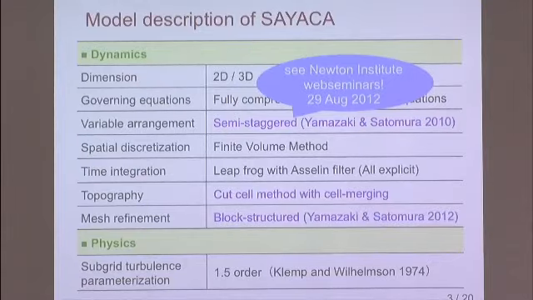In addition to this variable arrangement, my model has two particular characteristics. One is CATSA, and the second is block-structured mesh refinement. Now I'm going to explain the details of these characteristics and show you some results afterwards.